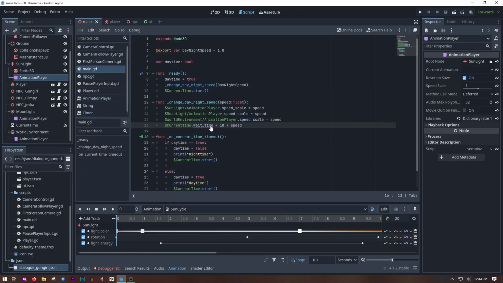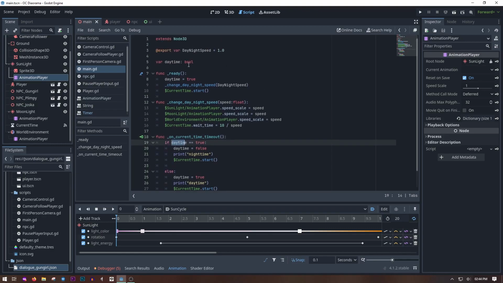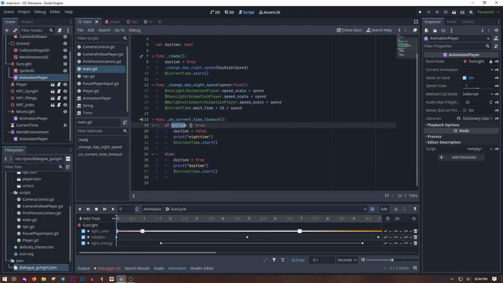The old timer value is 10 divided by speed, so that I had a thing, actually I still do, if daytime is true, on current time timeout, so when the timer is over, if the daytime, which is a bool, is true, then turn it to false, print nighttime, current time start. So every time a day passes, the timer restarts, and when it finishes, we play this again.